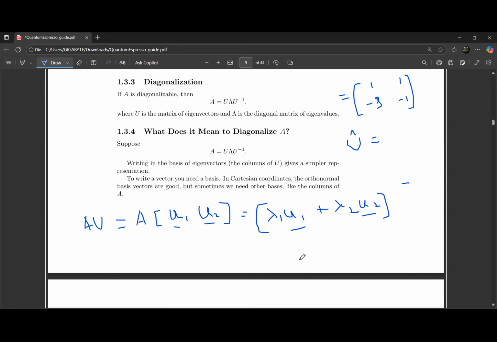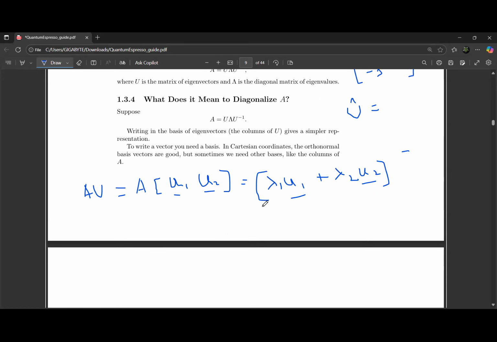From here, what we can do is expand them in matrix form, and we can write it like U1, U2, here. So here we are using a matrix U, which contains the eigenvectors, and we are converting the A matrix into a diagonal matrix.